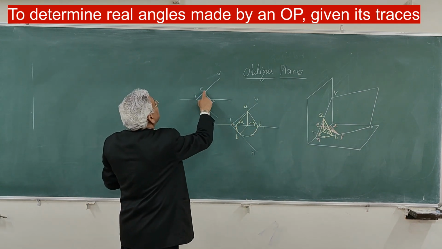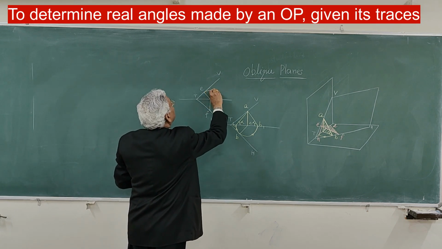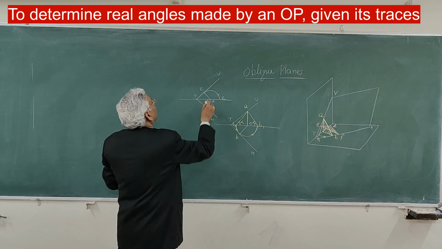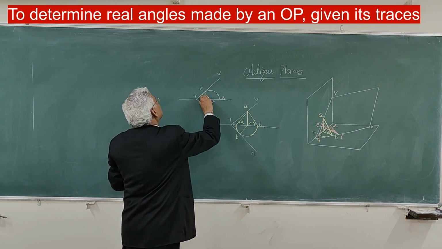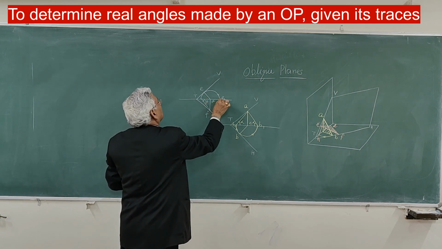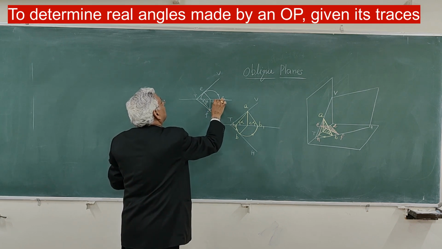So rotate E about D and bring it here, let us say E1, or you can do it this side also. This is angle beta.